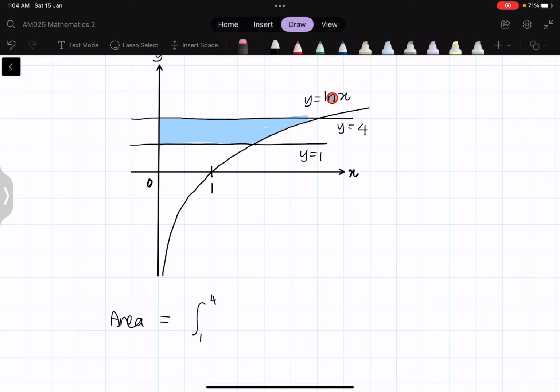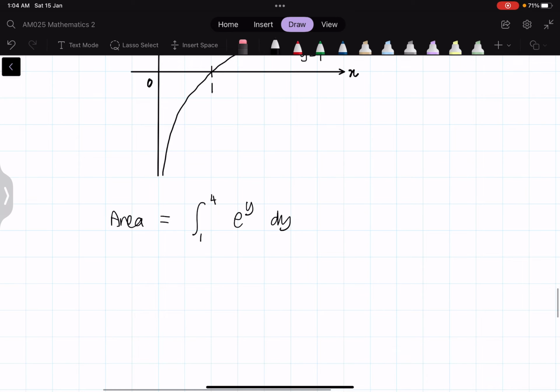We can't use ln x because we are integrating with respect to y. Then we're going to change it in terms of y, and we're going to get e to the y. Now, if we integrate e to the y, we're going to get e to the y.